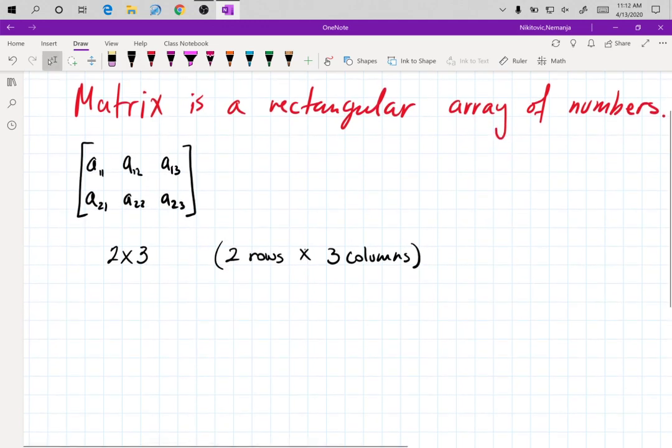Now, if you want to write any kind of a matrix, we are going to write it like this. Note these brackets, which are not straight lines like we're used to, because straight lines denote a different thing: the determinant. And we've seen that before. Now we are using brackets because we're just talking about a matrix as a unit, as a concept in linear algebra.